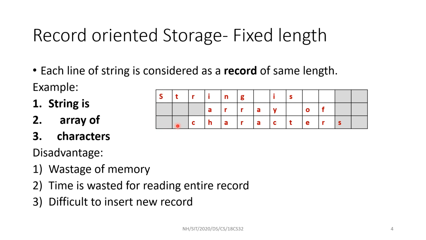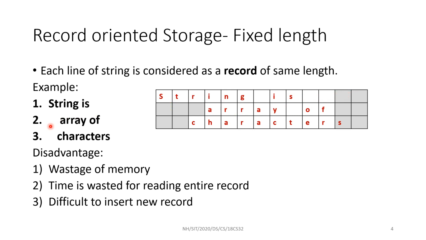We have to reserve that many cells for each of the records to store these characters. The first record is "string space is", left as it is, because this first row is fixed. These are all unfilled portions of the first record.